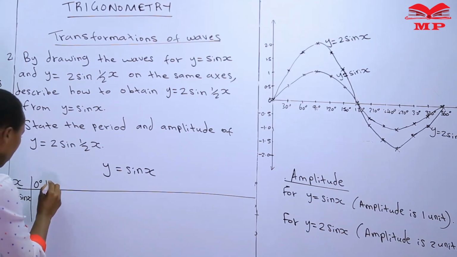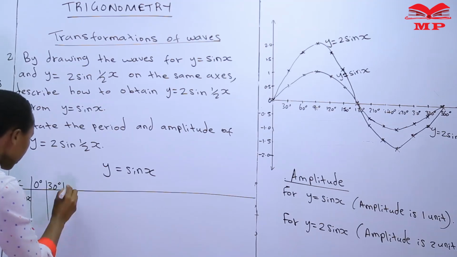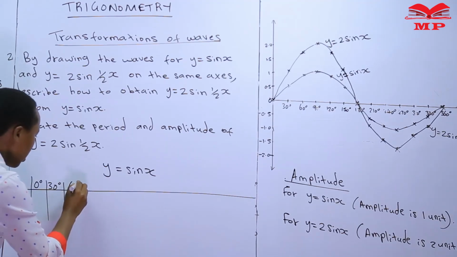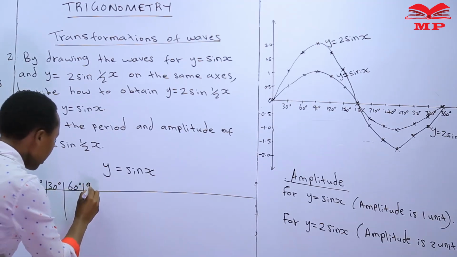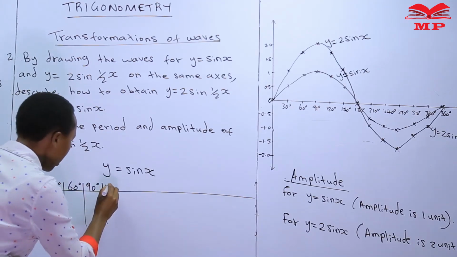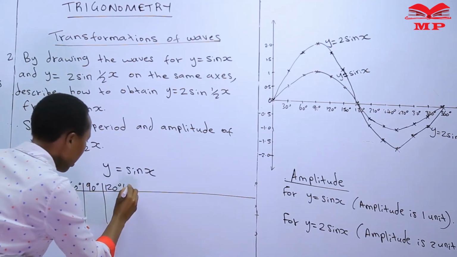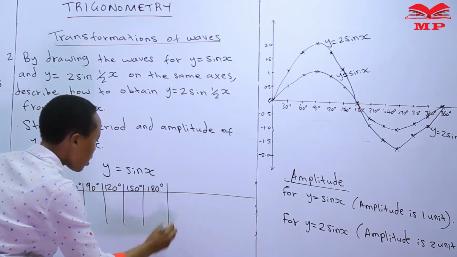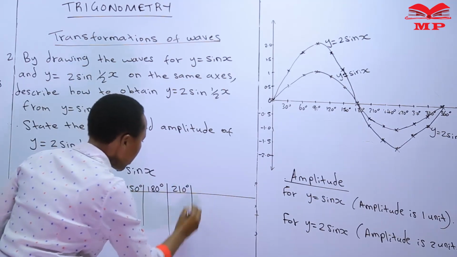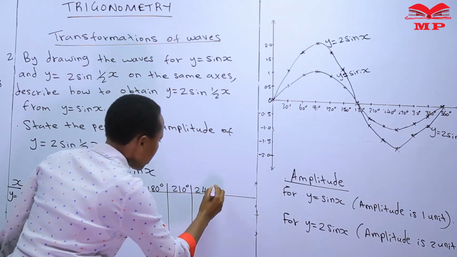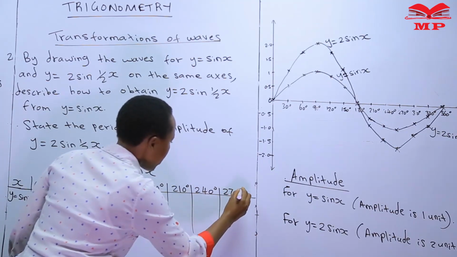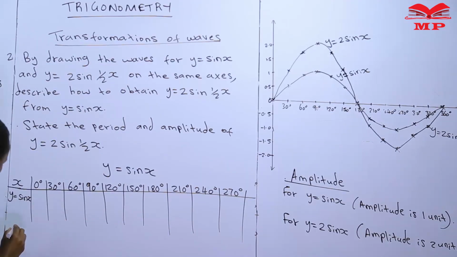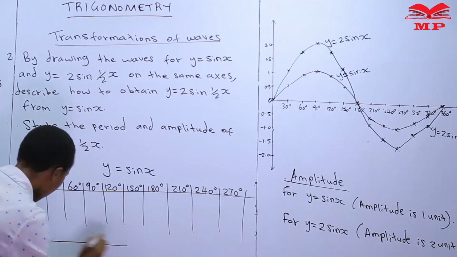So we have 0, we have 30, 60 degrees, we have 90 degrees, 120, 150, 180 degrees, we have 210, 240, 270, we have 300, that is again for x.